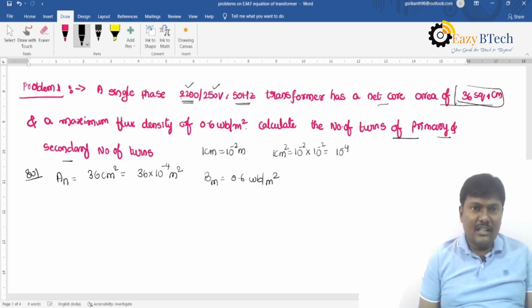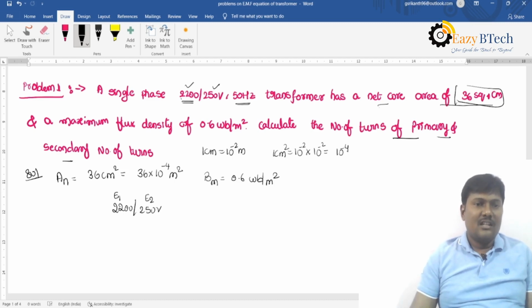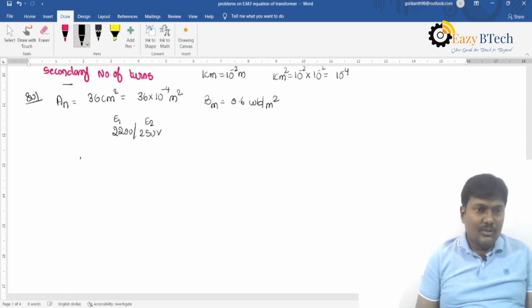Calculate the number of turns on the primary and secondary. In the given data, it is given as 2200 divided by 250 volts. This is the primary induced EMF, and this one is the secondary induced EMF. So use the formula E1 is equal to 4.44 into Bmax into AN into F into N1.